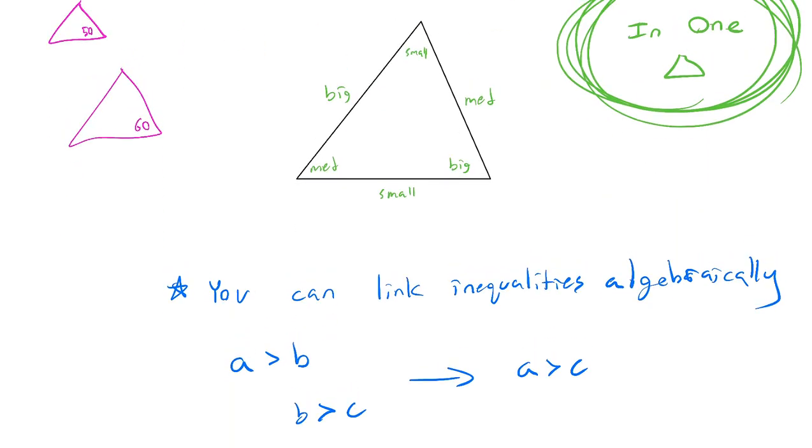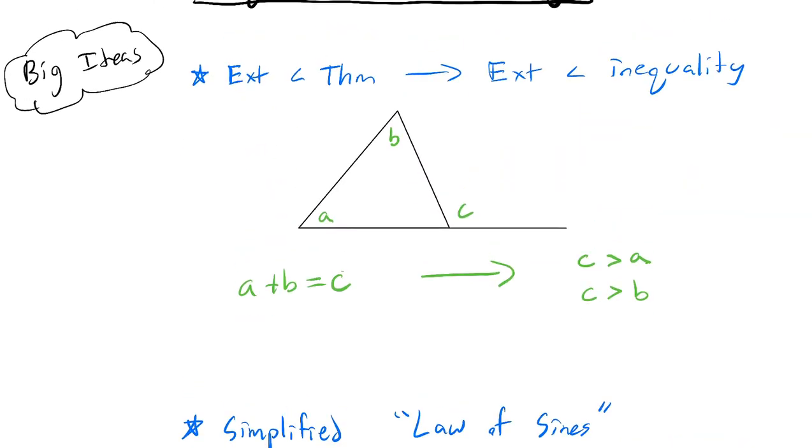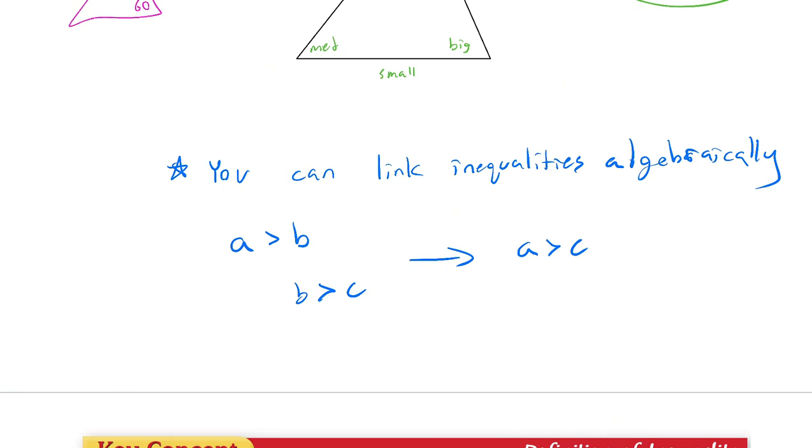The way you can connect more than one triangle is you use this or the exterior angle theorem to get an inequality. And then if you get two separate inequalities, like maybe this one you got from the exterior angle theorem, and then you use that same thing in another triangle, or you use the little law of sines here. Either way, you use two separate things or two separate triangles to get these inequalities.